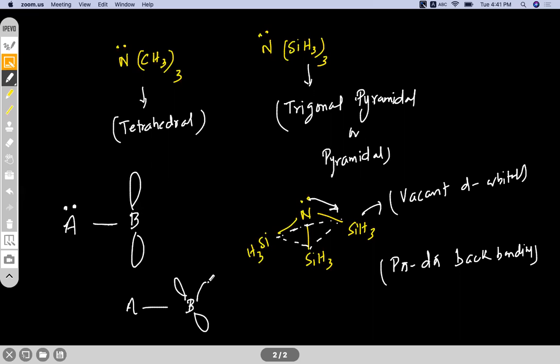This is the situation we have. This is p pi d pi, p pi p pi. So this is also a conjugated system. Lone pair, sigma, vacant orbital, right? Conjugated system. So all these p pi p pi back bonding and p pi d pi back bonding are possible because of resonance only. Done?